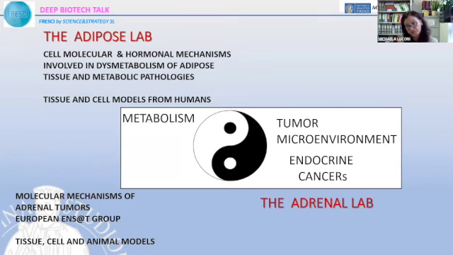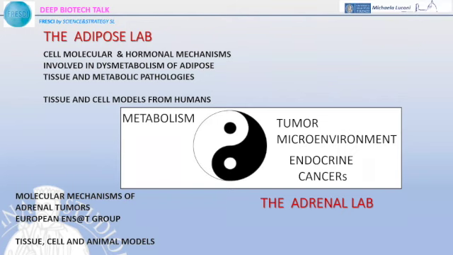And the other aspect of interest is the adrenal lab, focused on the characterization and study of this specific endocrine tumor, which is composed of different types of tumors affecting the adrenal gland, which I will illustrate during the talk is a complex endocrine gland containing two different identities.